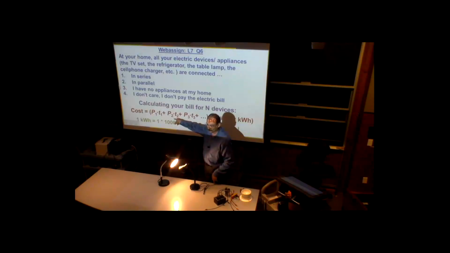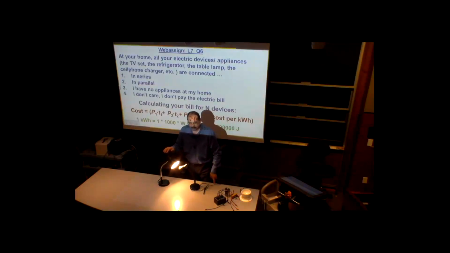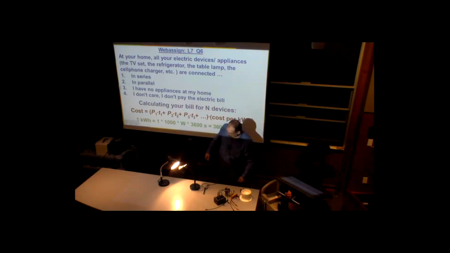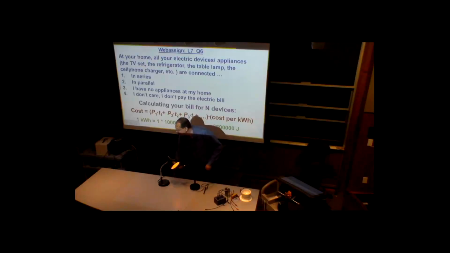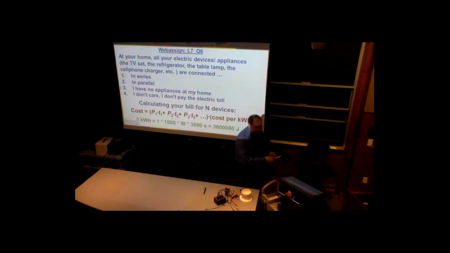Each device consumes some power. And if you use it for an hour or 10 hours, you just calculate the total amount of work that device does. For the first device, power times the time you used it over a month. Second, you calculate the total energy spent, and you multiply by how much you pay. And this is what people get confused about.